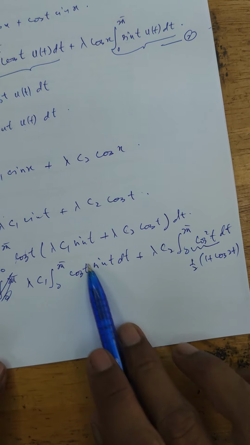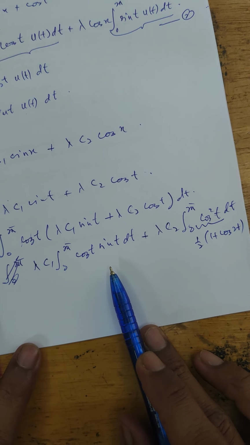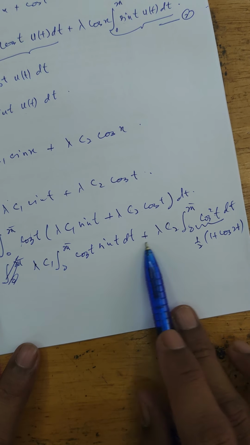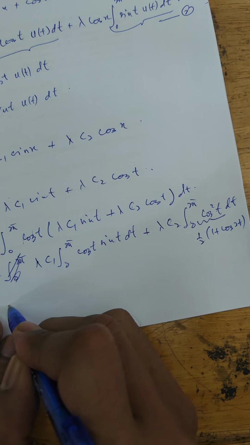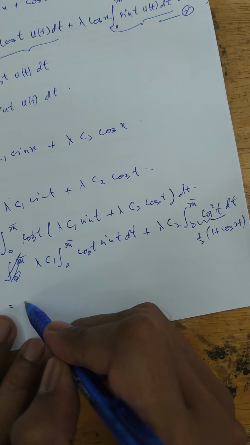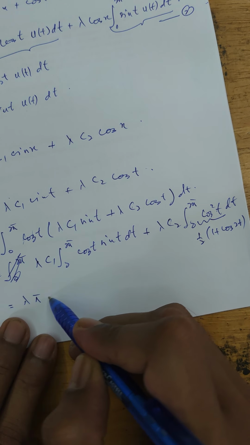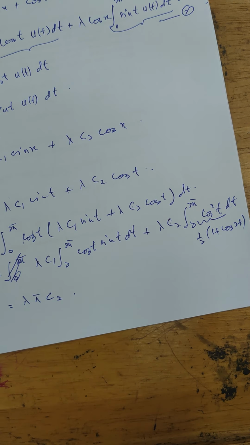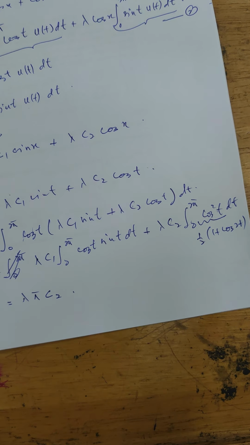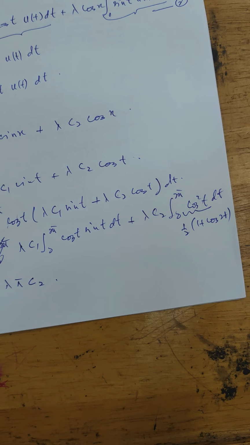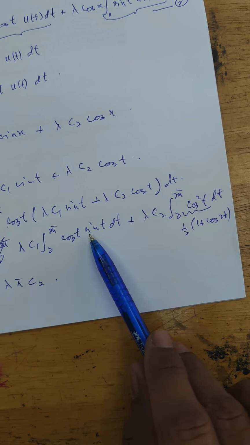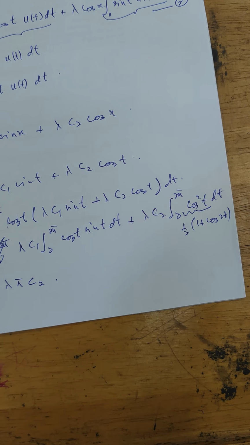Then you can evaluate those integrals. That will give you the solution. We have lambda pi c2. You can evaluate those as well using either an appropriate identity, or you can use integration by parts.